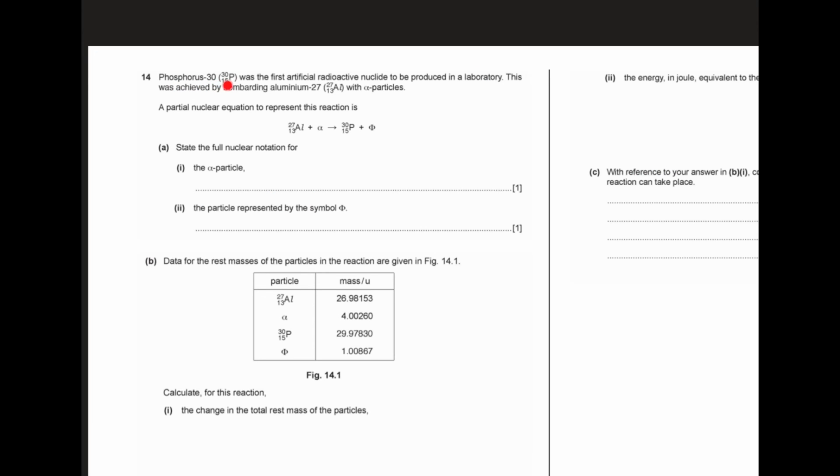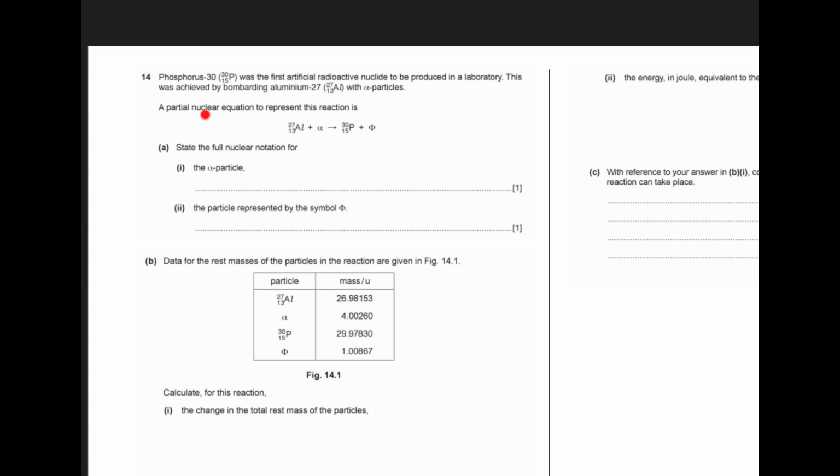Phosphorus-30 was the first artificial radioactive nuclide to be produced in a laboratory. This was achieved by bombarding aluminium-27 with alpha particles.